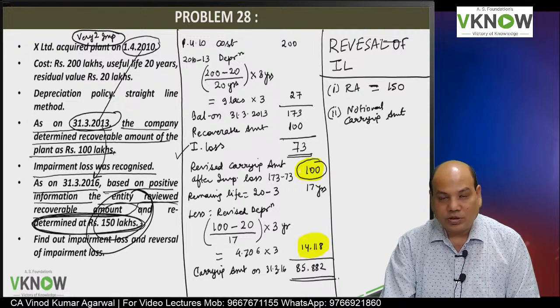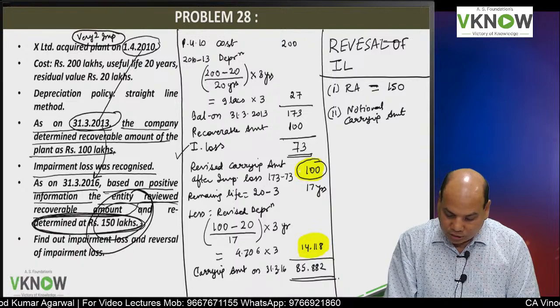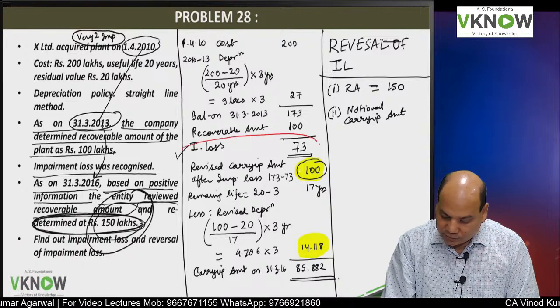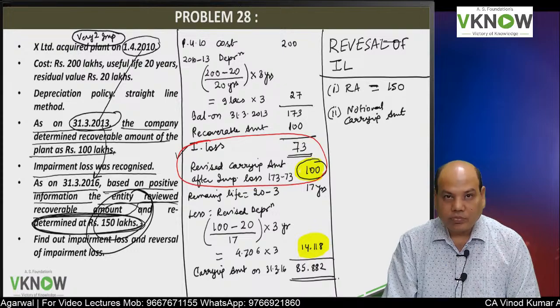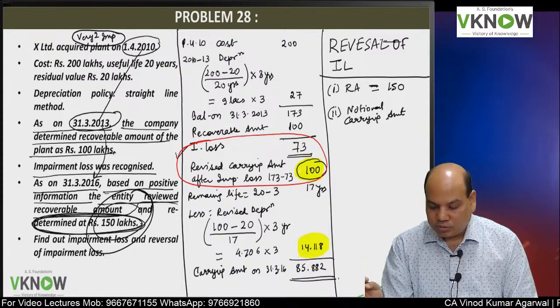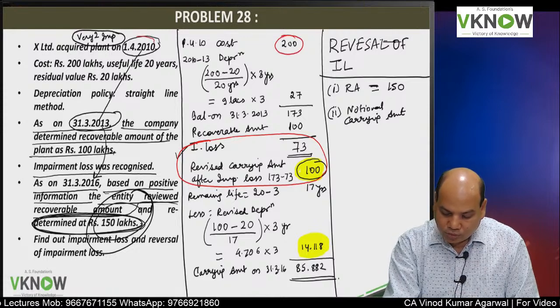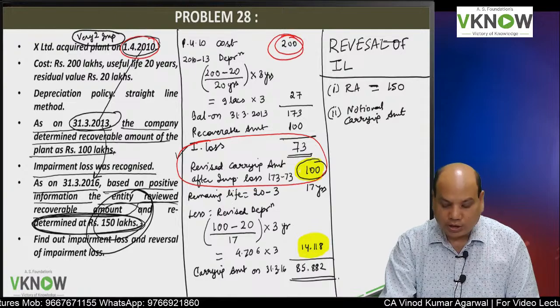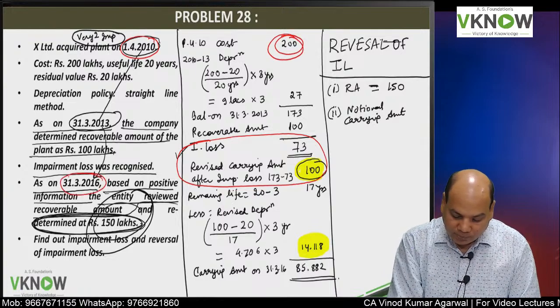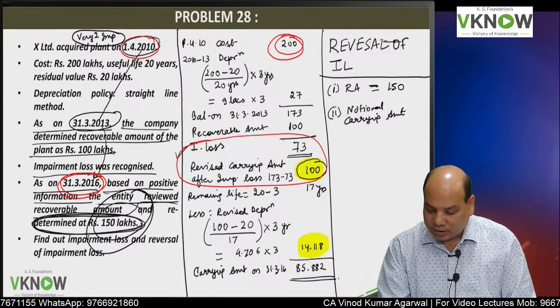Notional carrying amount means if you would not have provided this impairment loss, then today what would have been the carrying amount? So forget the impairment. You purchased an asset on 1/4/2010 for 200, and if I have to find the balance on 31st March 16, what would be the carrying amount?